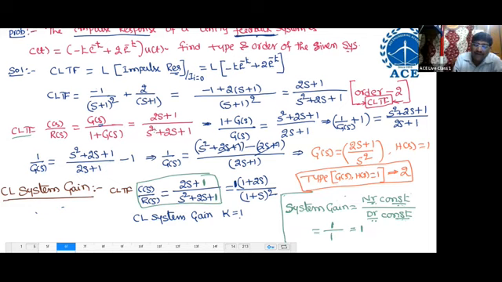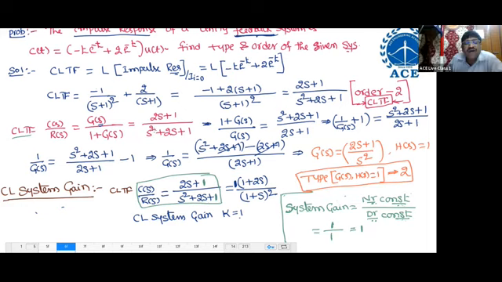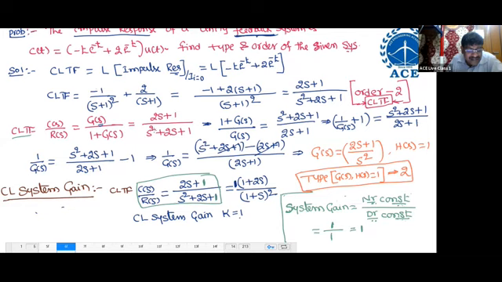RLC values are not changing. That means the RLC component values are time invariant. Okay, so component values. That is the LTI system. Okay. Got it. Right.